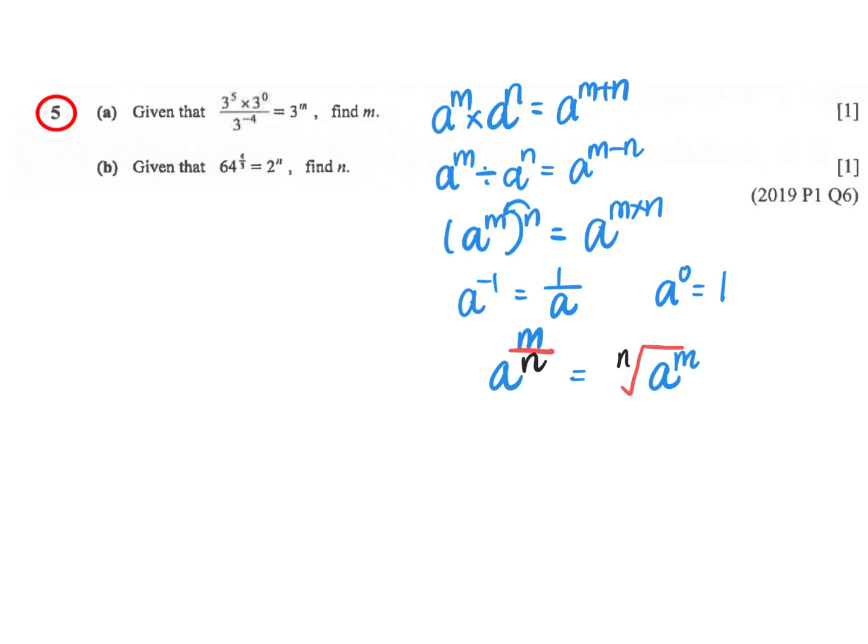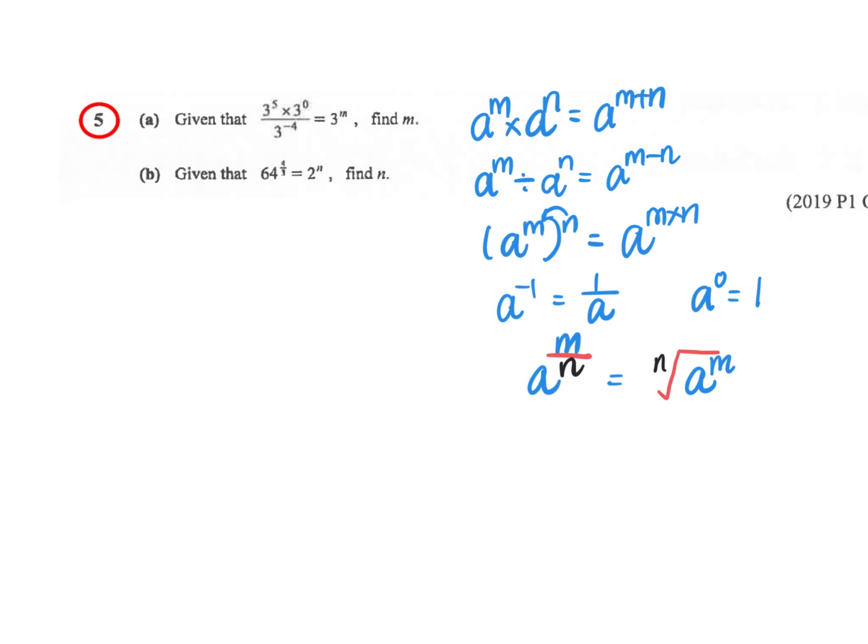So now let's take a look at our question. It says, given that this whole thing is equal to 3 to the power m, they asked me to simplify. So I have 3 to the power 5 times 3 to the power 0 over 3 to the power -4. It's an equation, so do write down your left hand side and your right hand side.